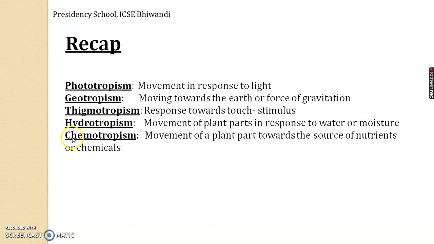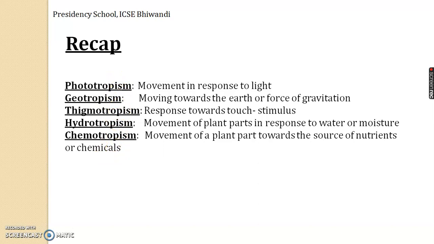And the last one that we studied is chemotropism, the movement of the plant part towards a source of nutrients or chemicals, like the movement of the tentacles in Drosera for nutrition. So do learn the examples of all these and learn the positive and negative tropisms.